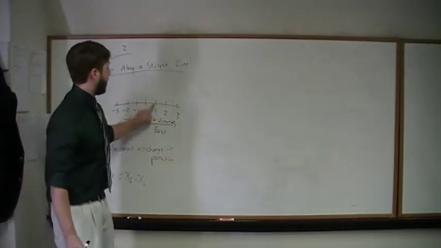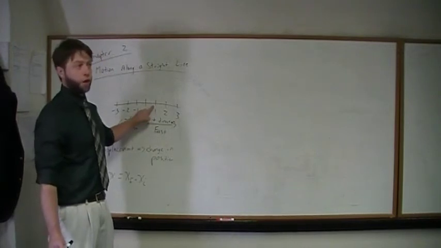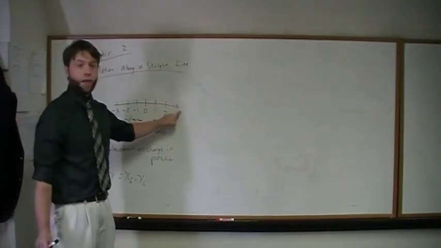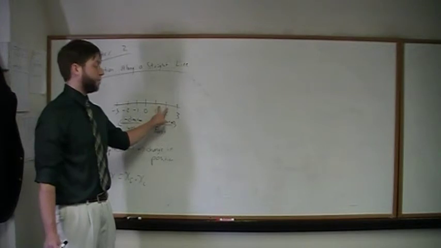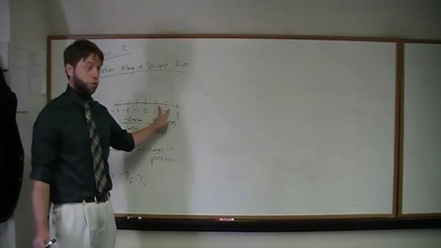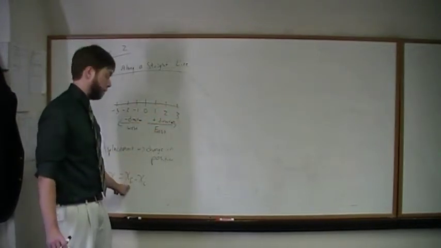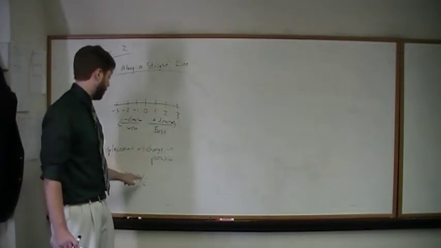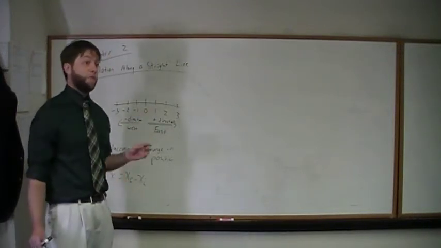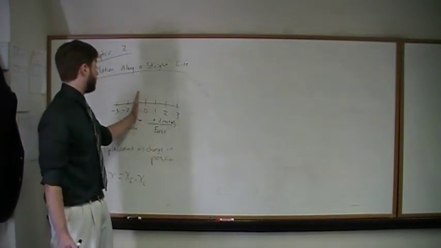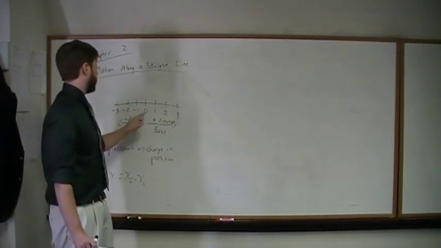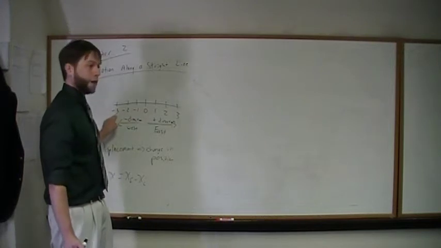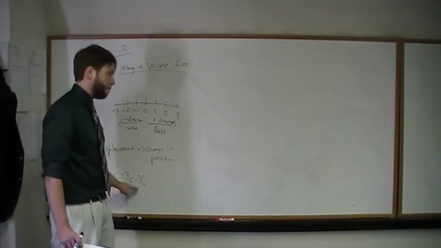Now, if I start at 1 on the number line and I move to 3 on the number line, my displacement is positive 2. I take the final position, 3, subtract the initial position, 1, so I have a displacement of positive 2. Notice that if I move in the other direction, if I start at 0 and go to negative 3, now I would have negative 3 minus 0.